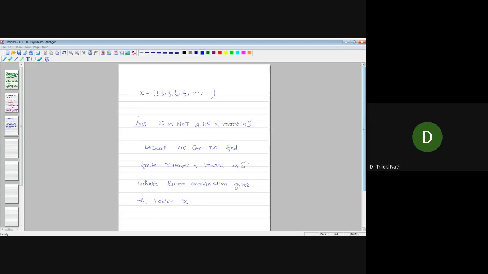Because if you take a finite number of vectors in S, you have only a finite number of non-zero terms.